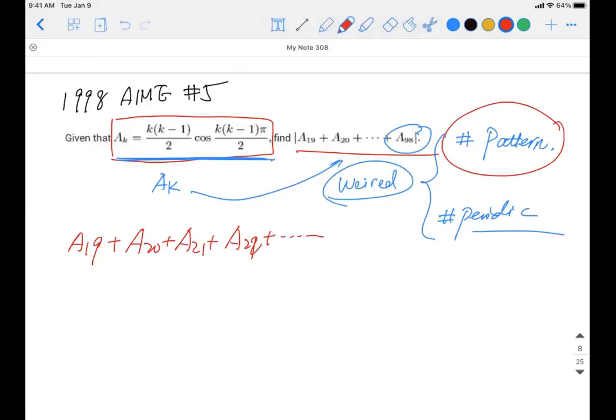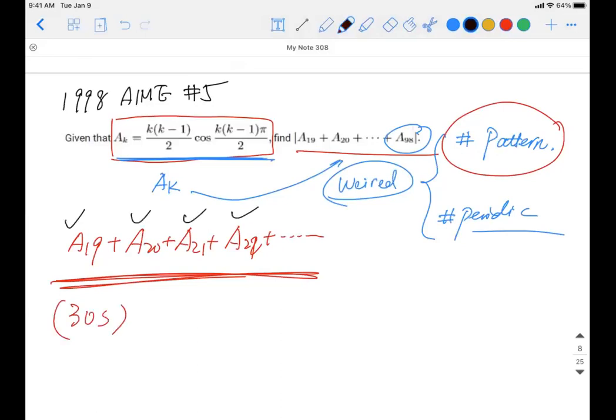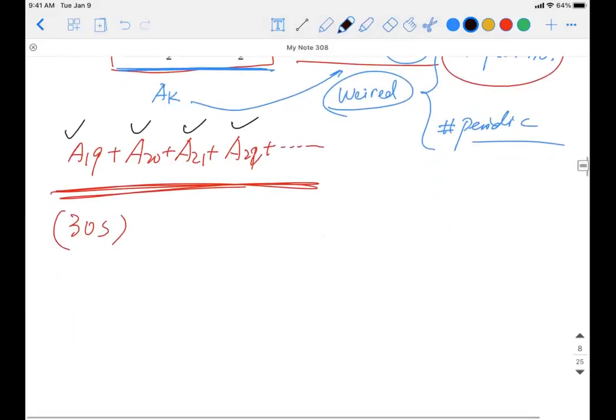Trust me, you can very easily find one. Within 30 seconds, writing out 1, 2, 3, 4 terms, you get a pattern right away. So I'll park it here. Let's go to a more rigorous solution, because a rigorous solution will be exactly the same thing as the pattern. No problem.